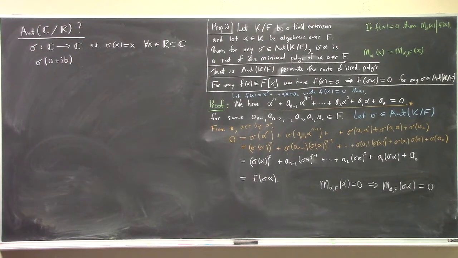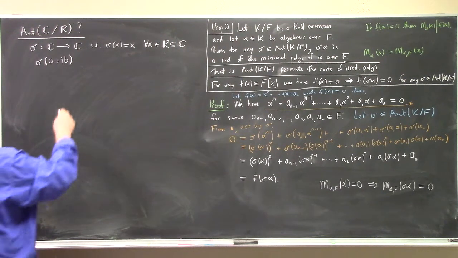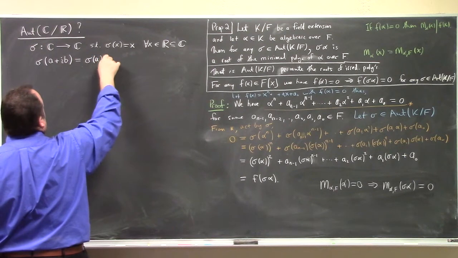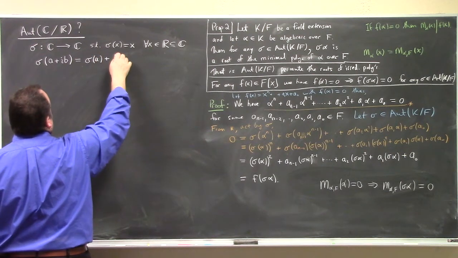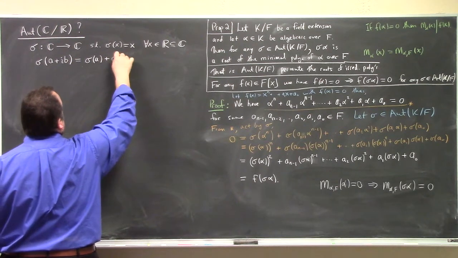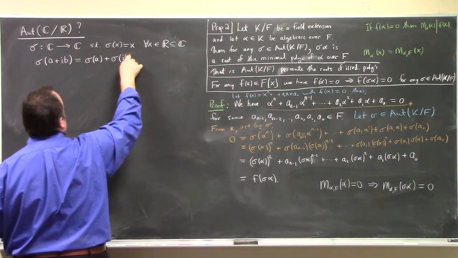Okay, so sigma of a plus bi, all right? Usual complex variables rules apply, a and b are real. So this has got to be sigma of a plus sigma of ib by additivity, right?